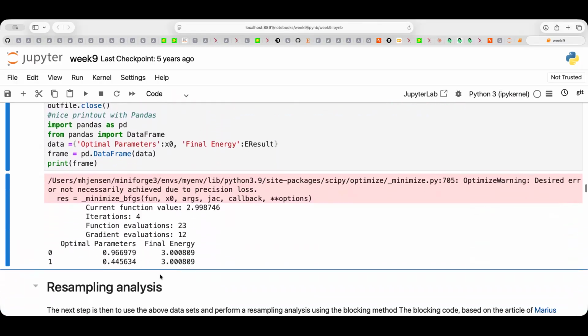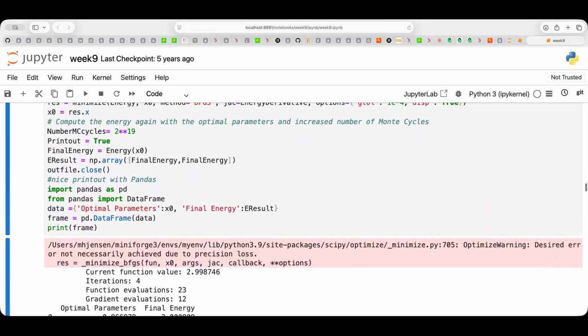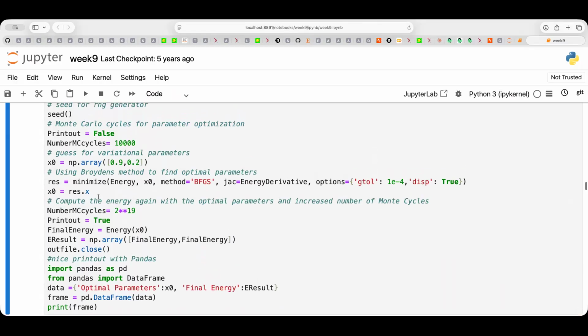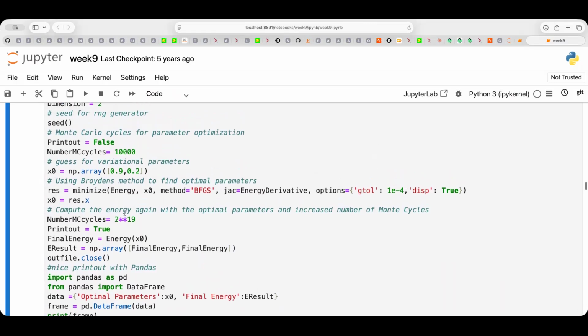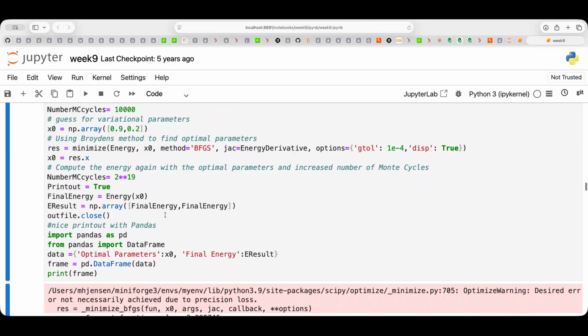With the optimal parameters, I launch the large Monte Carlo calculation, and you see that I now use powers of 2, so 2 to the 19th. First I find the parameters with the optimization, and I use Broyden's method, which I would typically recommend, actually the BFGS method. I would typically recommend using one of these methods. And then I run the big machinery.